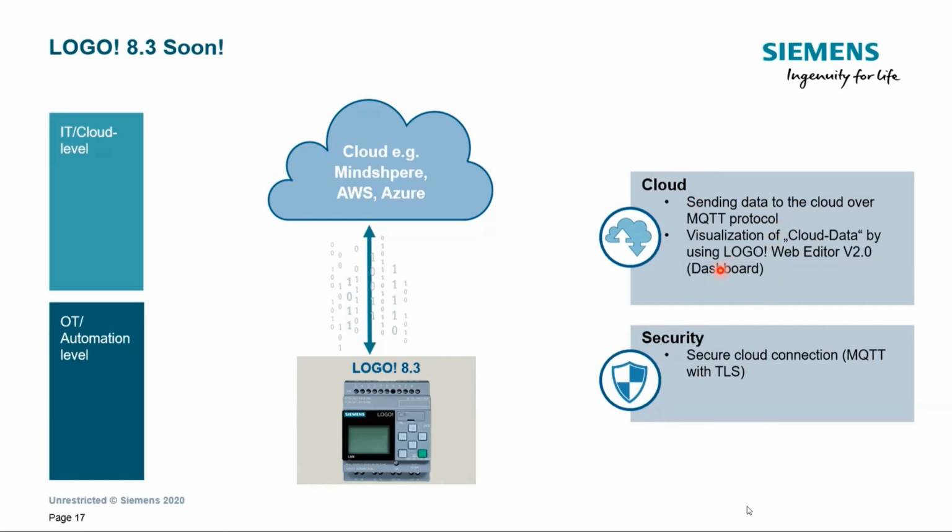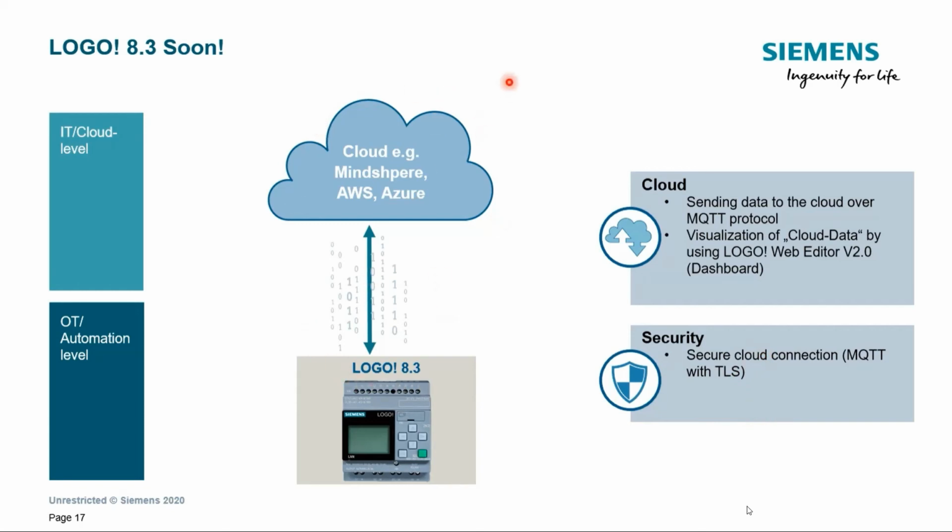We will also have an interesting option of visualizing the data that we are sending to the cloud using the LOGO Web Editor software to create dashboards. And of course, if you are worried about security, MQTT is used with TLS encryption, so the communication with the cloud is always secured.